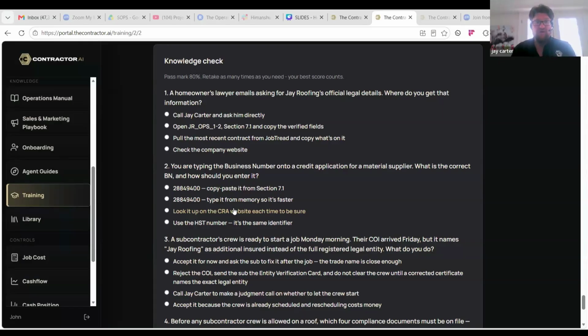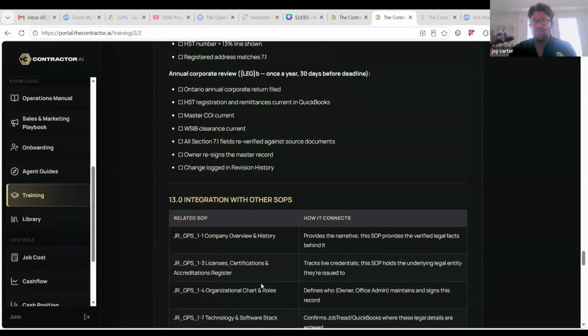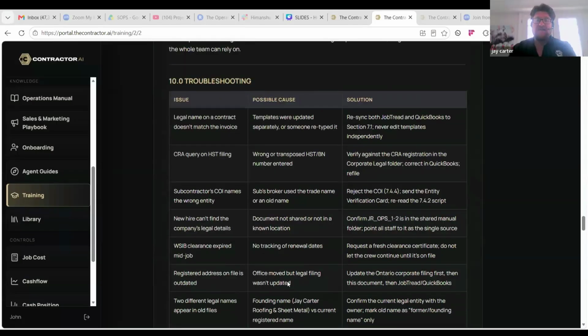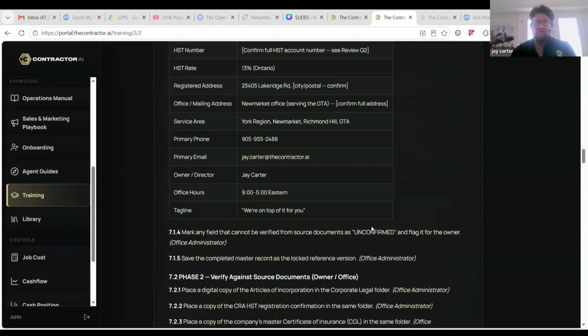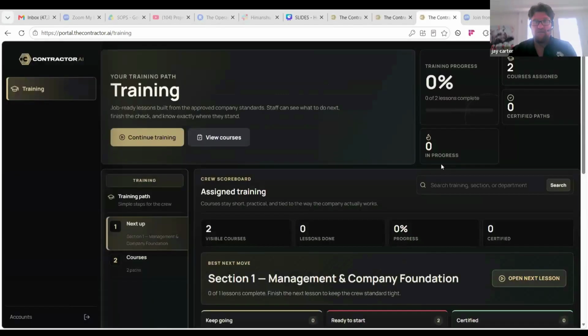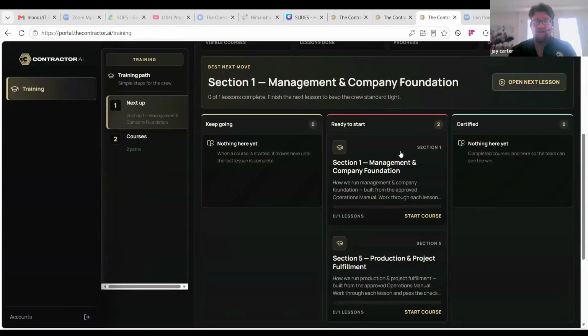So again, what we've created here is an onboarding agent. This is an AI. If you get to the stage where you have this training, you have these modules, I want you to take the next step, which we provide, where we actually have an agent that the new hire can go to when they have a question. By the way, this would be an example of their portal. They have their training, and they have their modules they'd have to finish up.